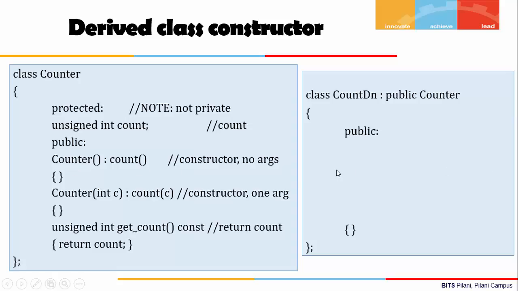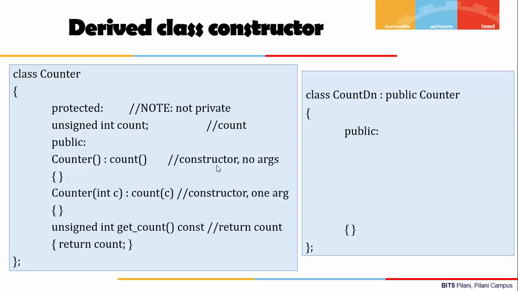So even though no constructor is defined here, the derived class will use a constructor from the base class and initialize any object to 0. Since there is no constructor in CountDn, the compiler used the no argument constructor from the Counter class.